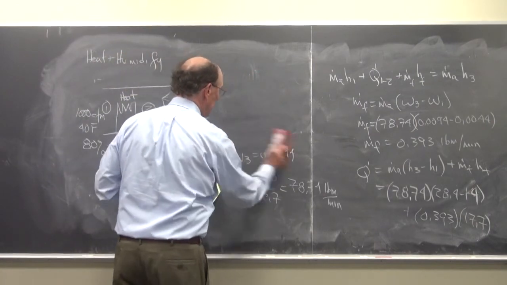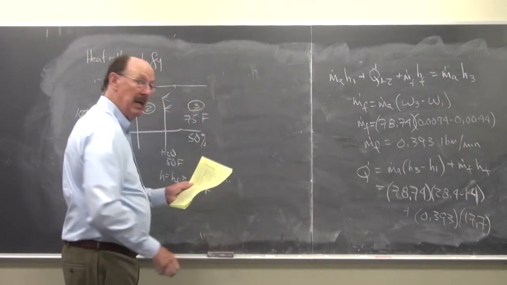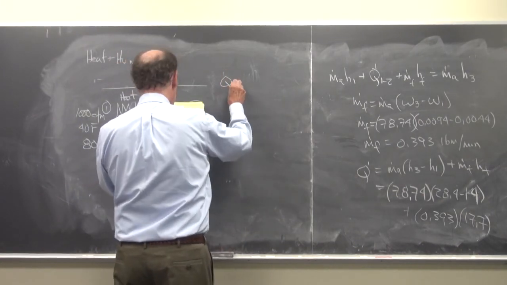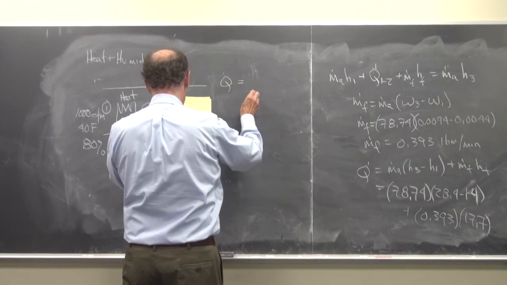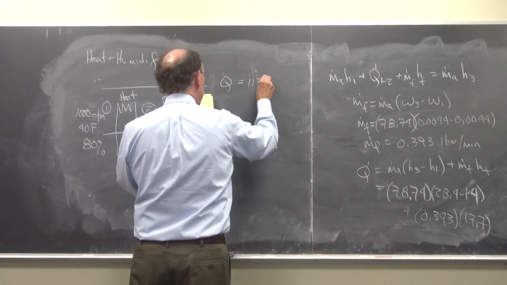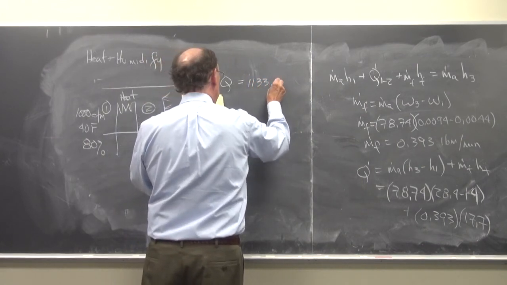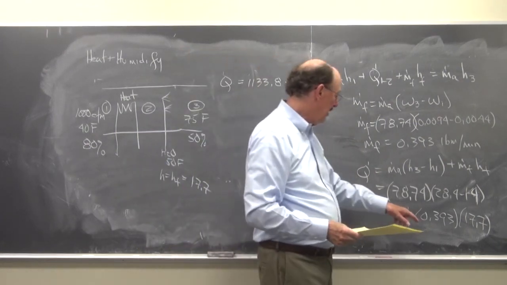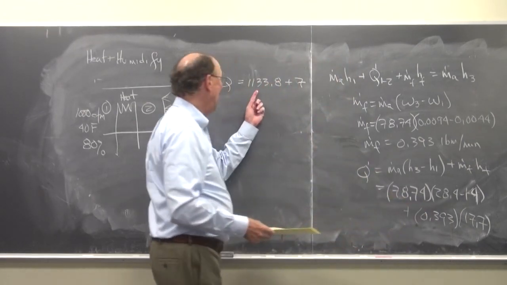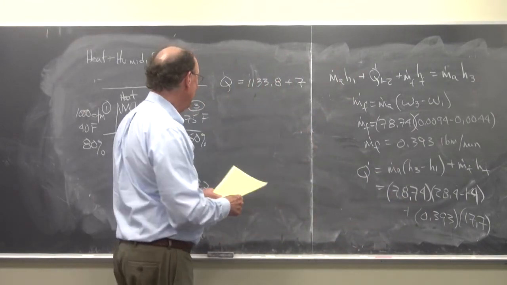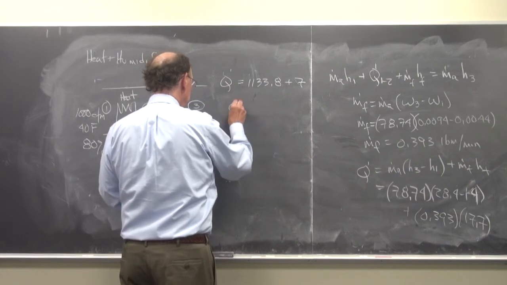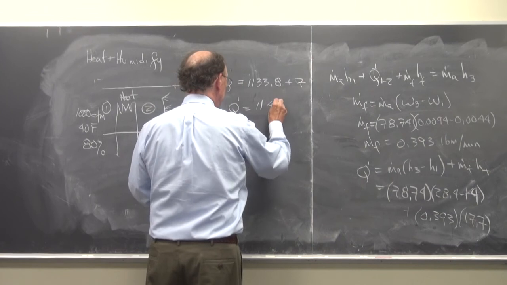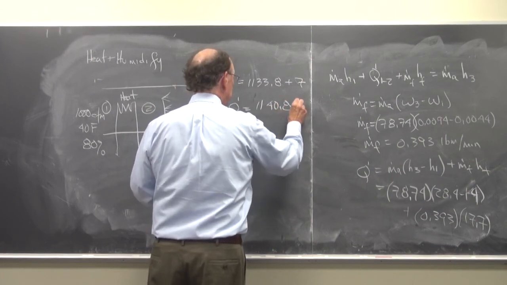I do this calculation, and we get that Q dot is equal to 1133.8 plus 7. So the amount I have to worry about from this term is 7 out of over 1,000. So it's not significant. So Q dot is equal to 1140.8 BTUs per minute.